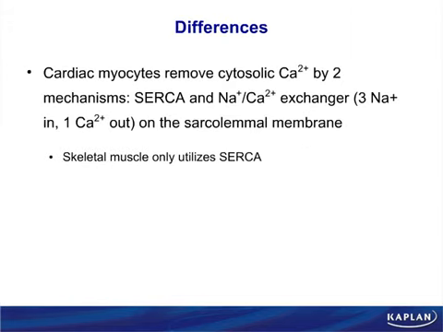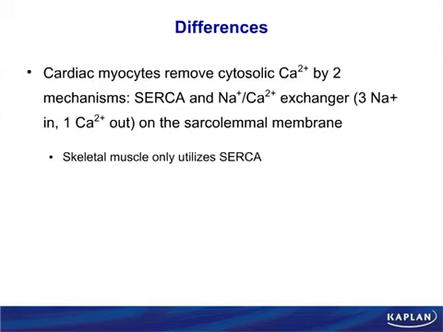Another big difference is on cardiac myocytes. Cardiac myocytes have a sodium-calcium exchanger. They do have SERCA, as we mentioned before, as does skeletal muscle, but cardiac tissue also has a sodium-calcium exchanger on the sarcolemmal membrane. 3 sodium in, 1 calcium out. Now this becomes very important for USMLE Step 1, and the reason for that is this is the reason that digoxin increases contractility.